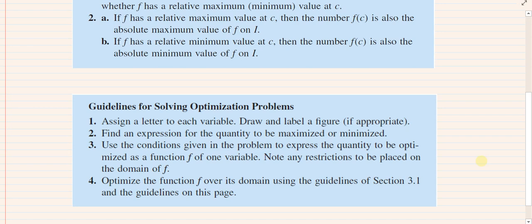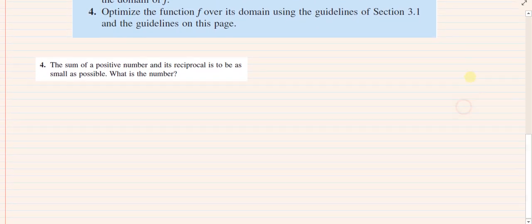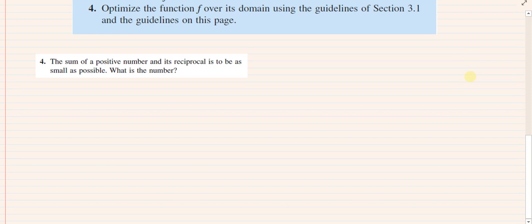And of course, when all of that is done, we can go through the optimization process. Then we have a function of one variable, and that's easy to optimize. So those are again the general guidelines. Remember, the key is to come up with the equation, or the function actually, that we want to optimize. So let's take a look at this first example.